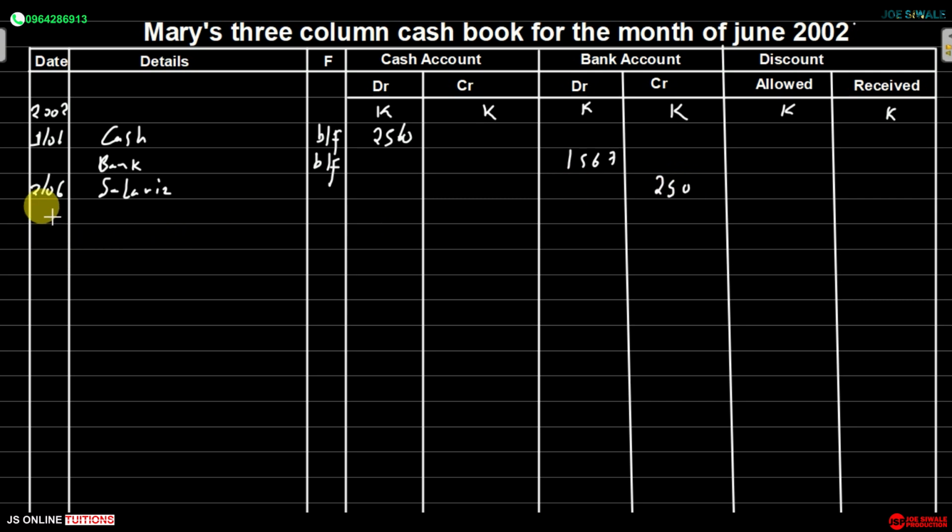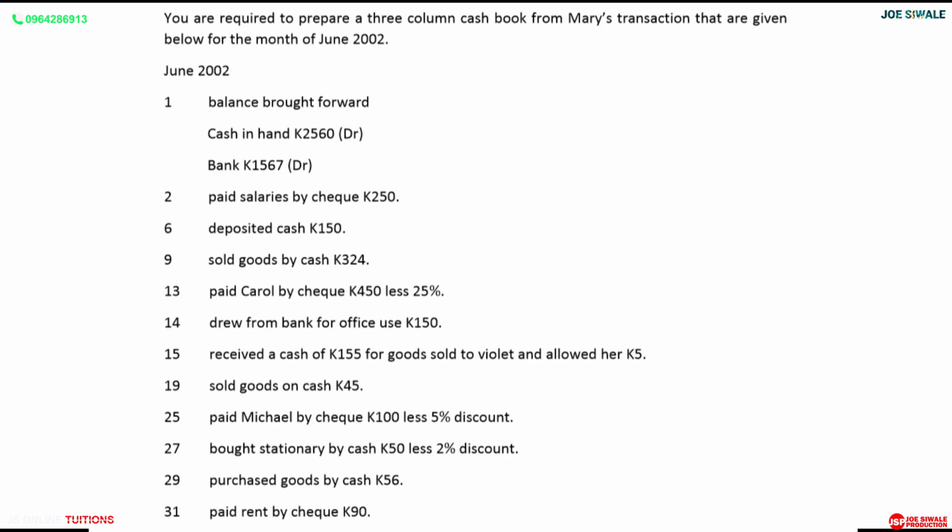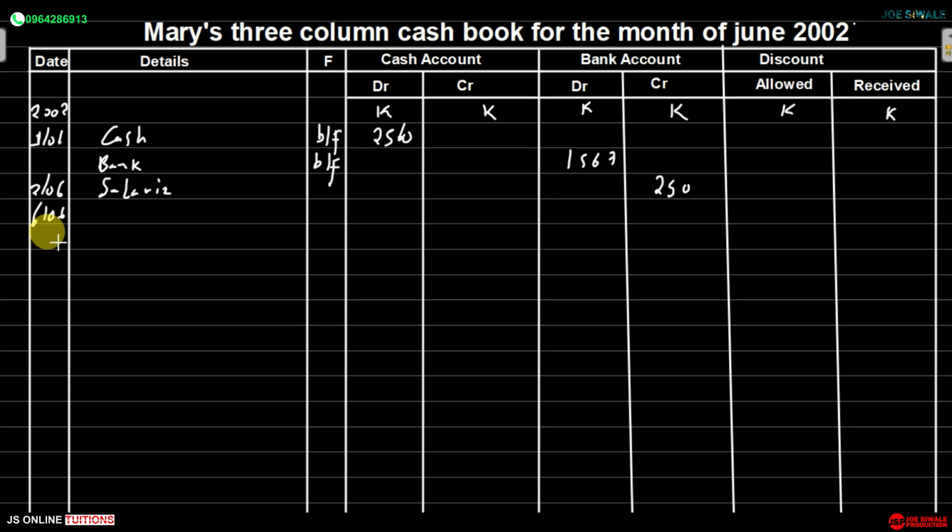Then on the 6th of June, deposited cash amounting to 150 kwacha. So this type of transaction is a contra entry transaction, and that means that the cash account is going to be credited and the bank account is going to be debited.